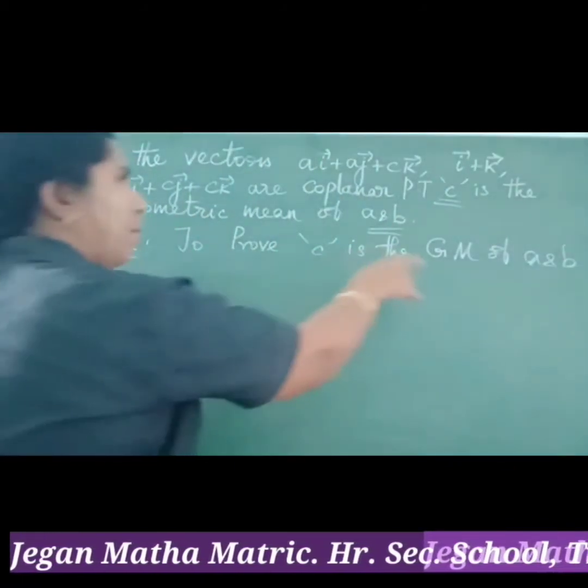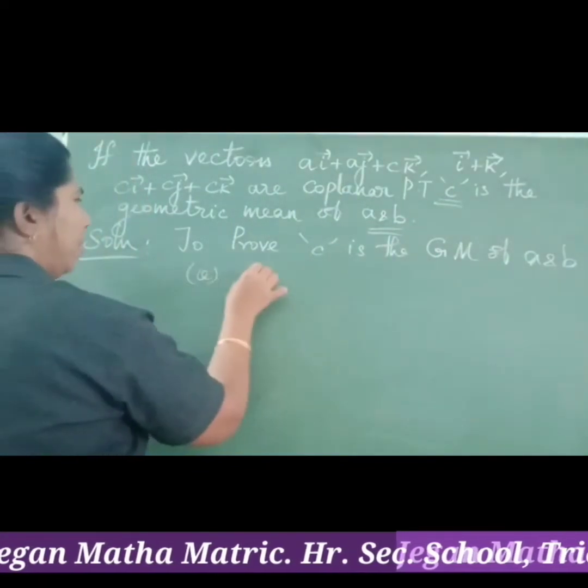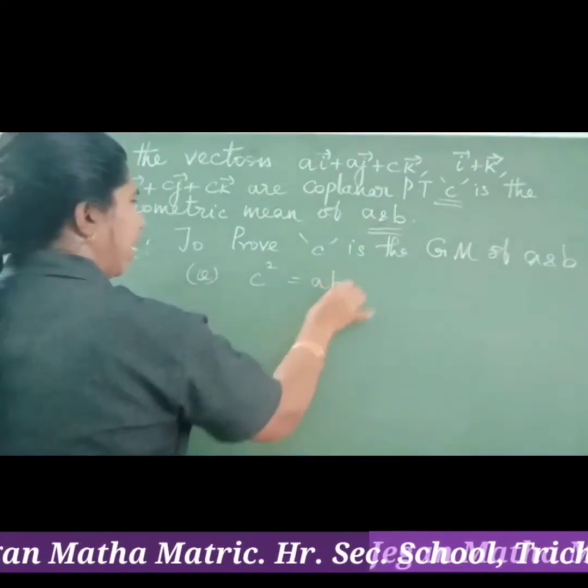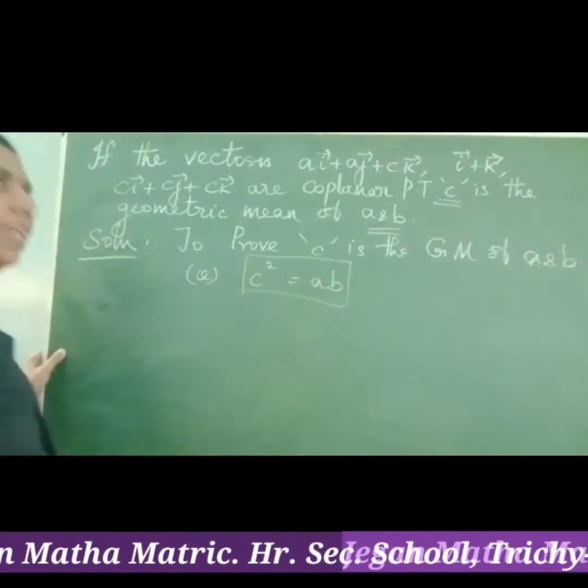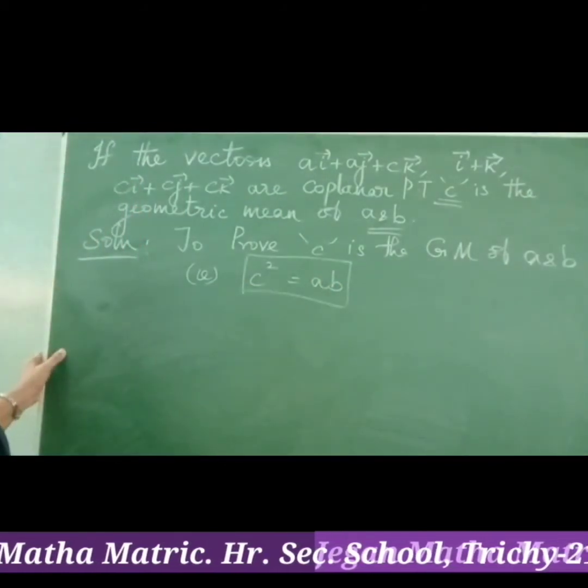If C is the geometric mean, that is to prove C square is equal to AB. If you are getting this condition, then we can say C is the geometric mean of A and B.